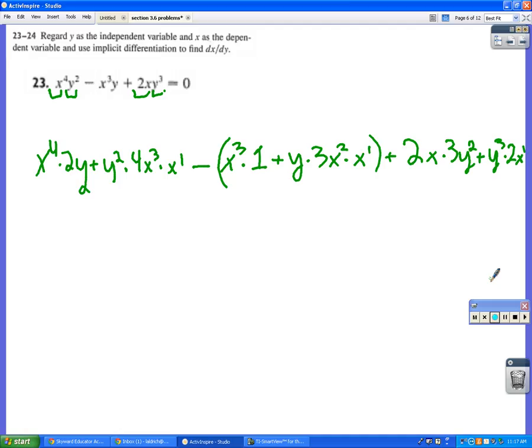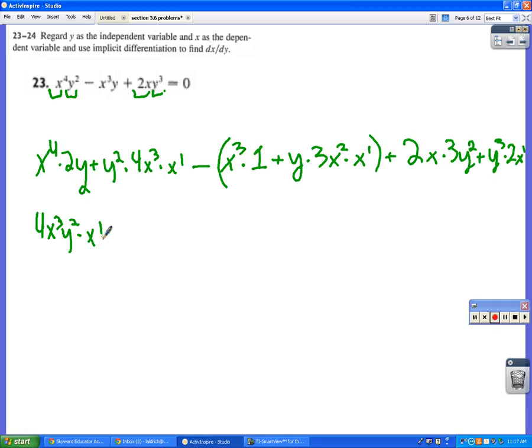Okay, so now we're going to play math race again, but this time it's the x primes that stay on the left, and I'm going to rearrange these so that they're in the order that I want them to be. So I'm not going to write y squared times 4x cubed. I'm going to go 4x cubed, y squared times x prime. So that stays here.